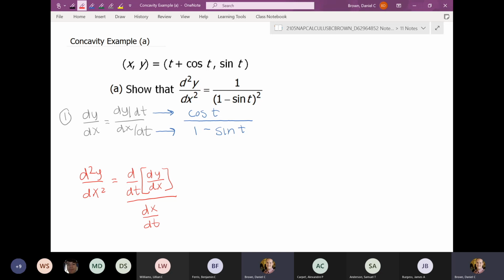And that's the formula we're going to use for the second derivative. First part, let's find the derivative of the first derivative. What was my first derivative? It's here. That is a quotient, so we do want to use the quotient rule. So I have low d high less high d low.